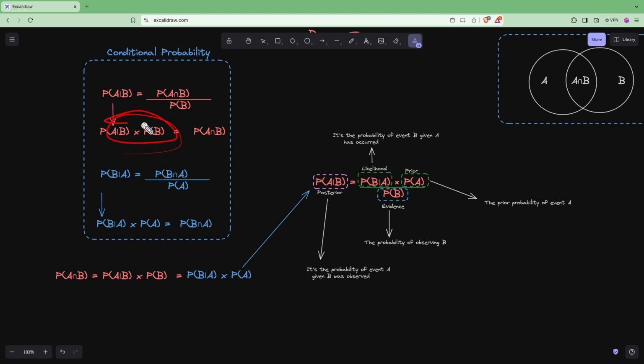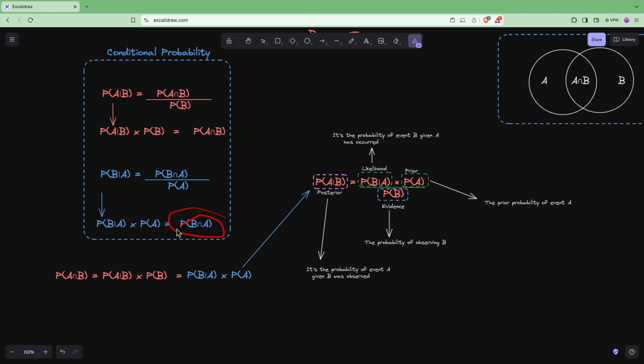We all know basic maths. So this became: the probability of A given that B has occurred times the probability of B. Similarly, here we kept this on the right hand side, and what we got is the probability of B given that A has occurred times the probability of A.